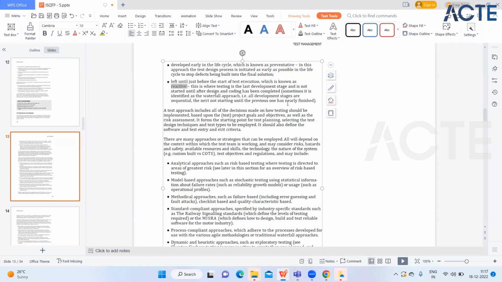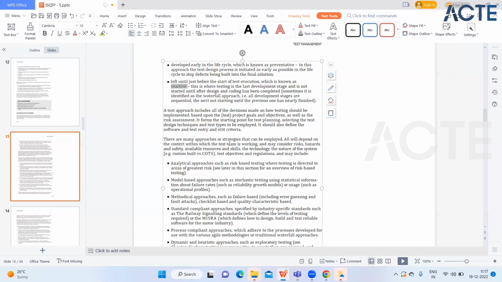After that they are saying this is where testing is the last development stage and is not started until after design and coding. What I was explaining is that it's the approach we have to decide, for example, the waterfall model, the V model or the iterative model. So it's the approach we should be deciding.